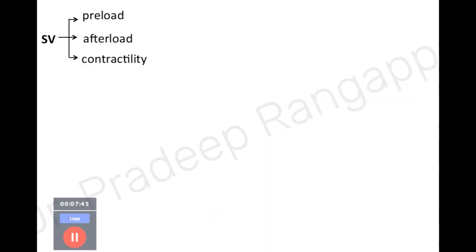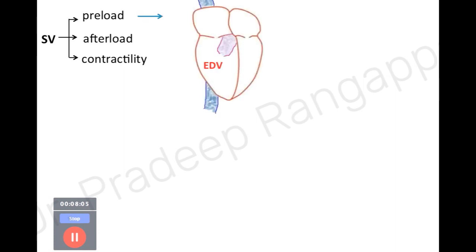Okay, so now when we talk about stroke volume, we saw that it is influenced by forward compression, forward decompression and backward compression. With regard to the cardiac aspect, there are three entities that determine stroke volume: preload, afterload, and contractility. I'm sure you have heard about these entities. So what is preload? Preload is simply an indication of end diastolic volume in the right ventricle.